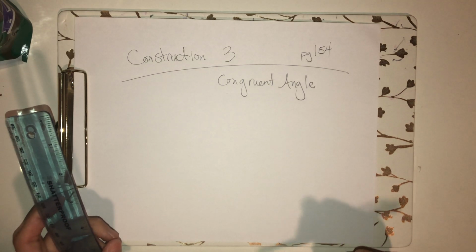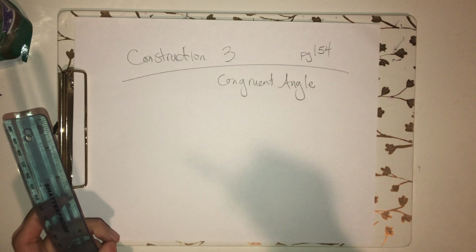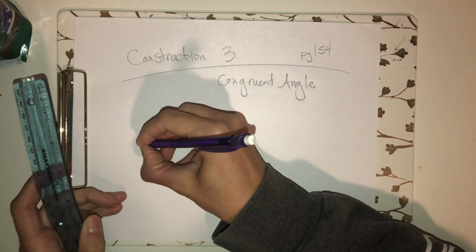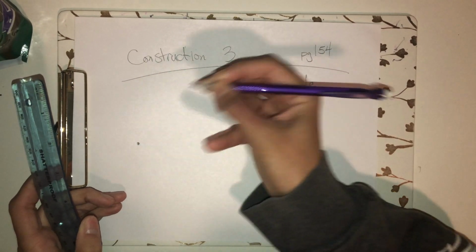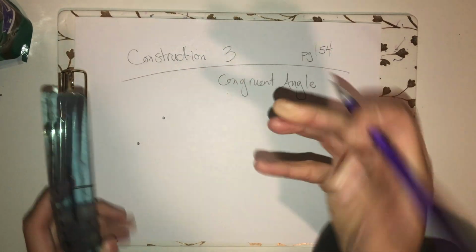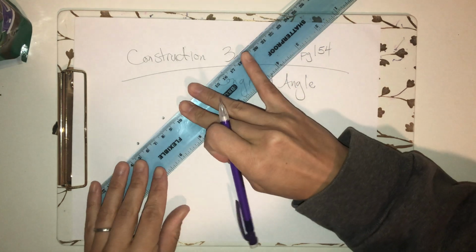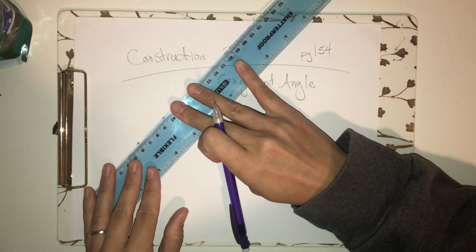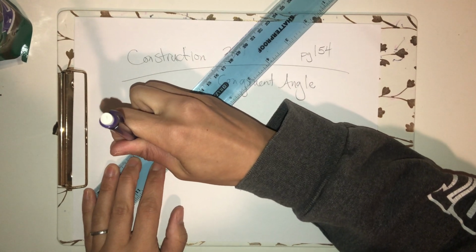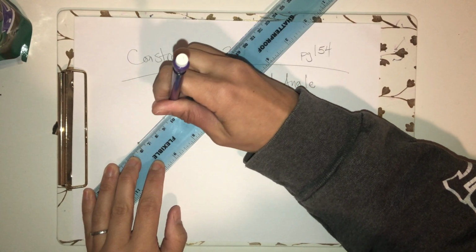Okay, so we want to give ourselves angle RST. First thing I'm going to do is draw kind of an oblique line between these two points. Oh, and excuse me, I mean ray. An oblique ray.